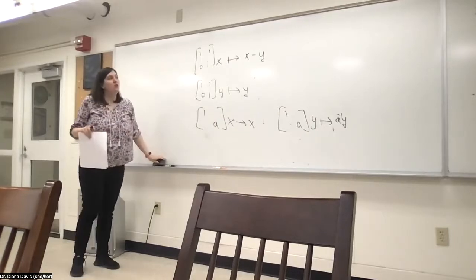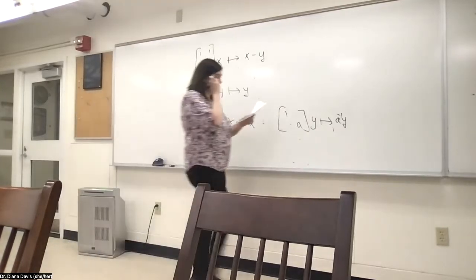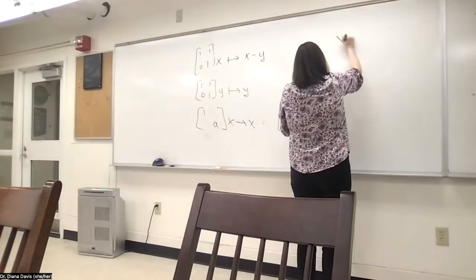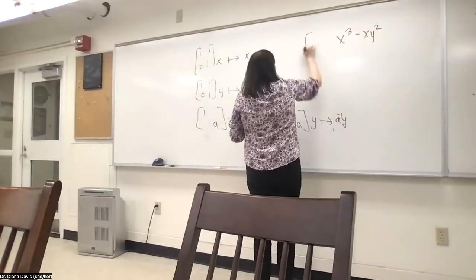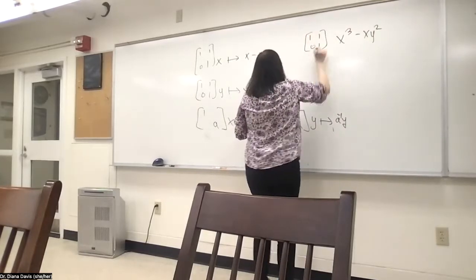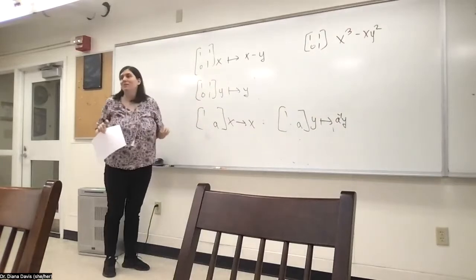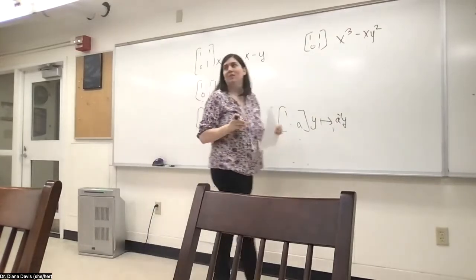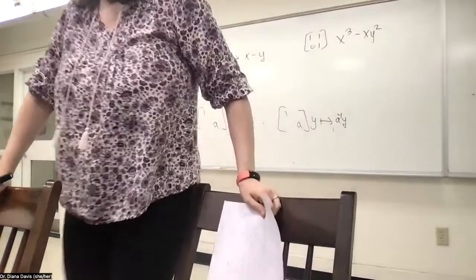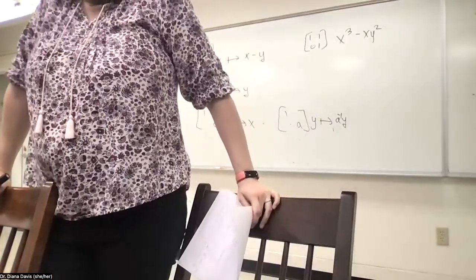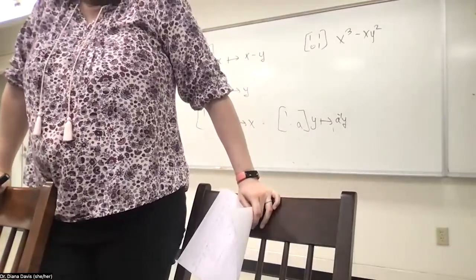Okay. So let's take a polynomial. Let's take, for example, x cubed minus xy squared, and let's affect it by this matrix using these rules. Did you figure it out? I think so. Well, it's been a long time, so I don't know. You want to write it on the board?